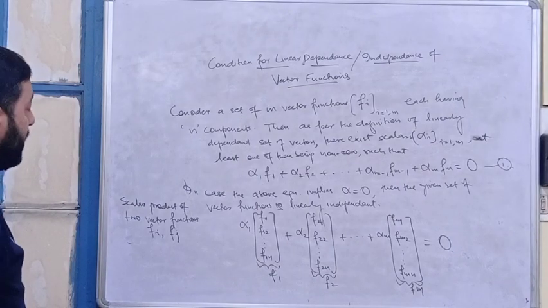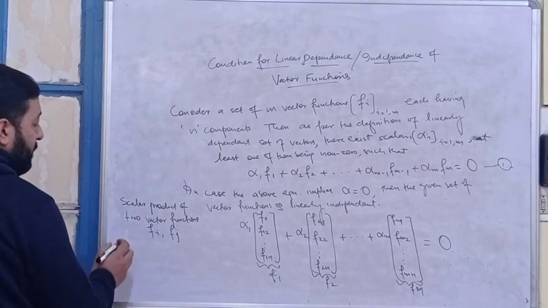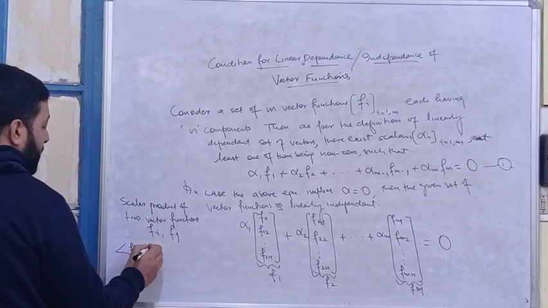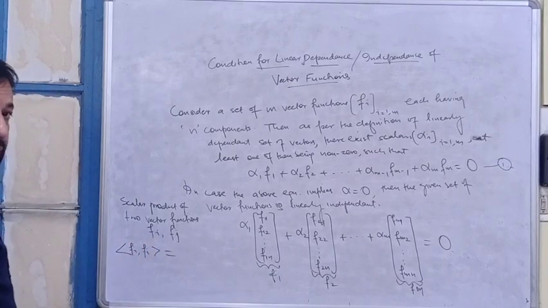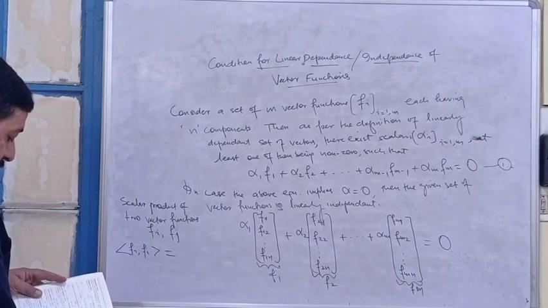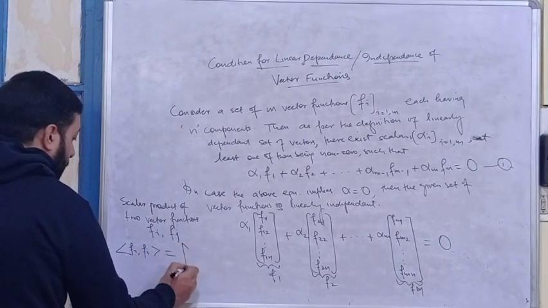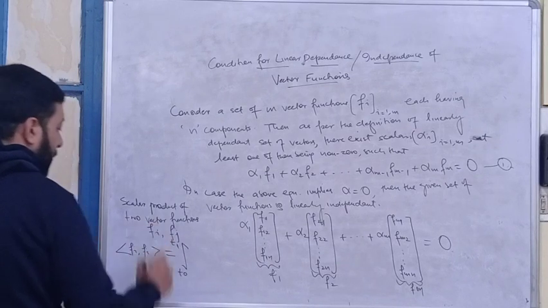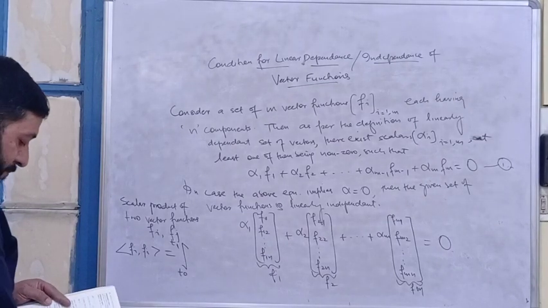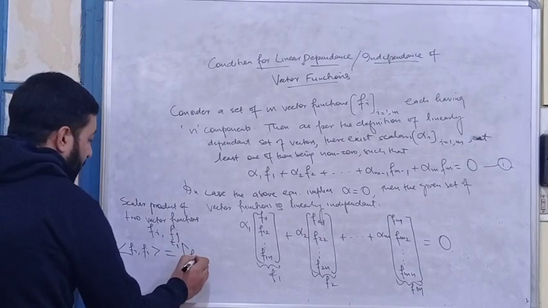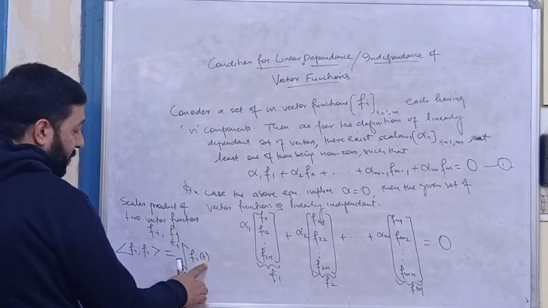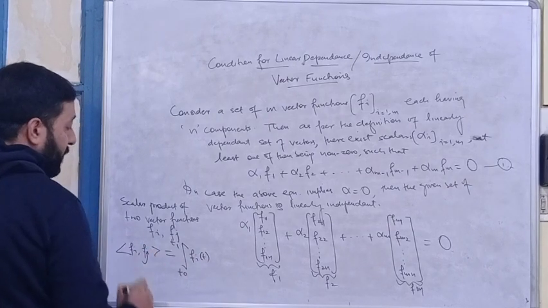The scalar product of two vector functions fi and fj is defined like this: the scalar product of fi and fj is equal to the integral from t naught to t1 of fi transpose fj, which are both functions of time, dt.